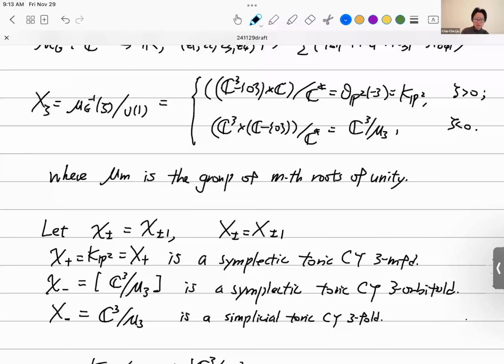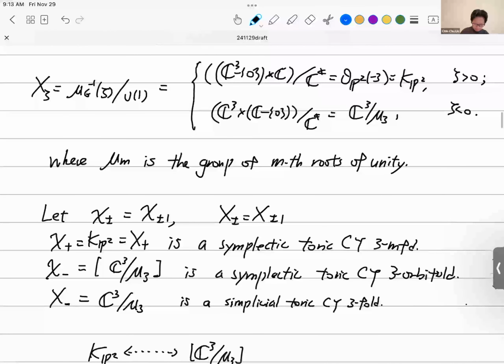In the negative phase, the stack quotient we take is just the quotient of C3 by mu3, and this is an example of a symplectic toric Calabi-Yau 3 orbifold, and its coarse moduli space is a simplicial toric Calabi-Yau 3-fold.